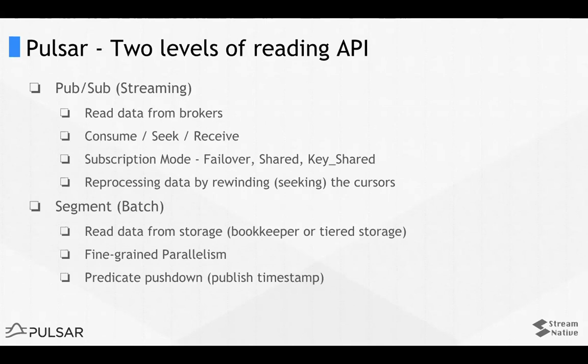Additionally, because the stream is segmented into multiple segments, if you don't need order and you want more fine-grained parallelism for accessing the data, you can access individual segments via the segment reader. So you can process the segment as a batch for a given task.